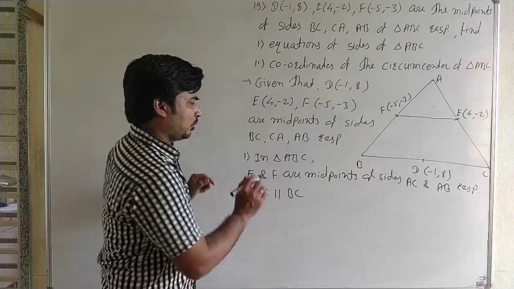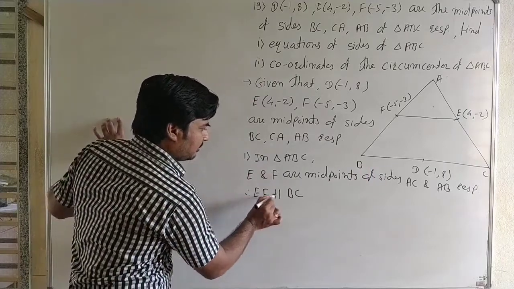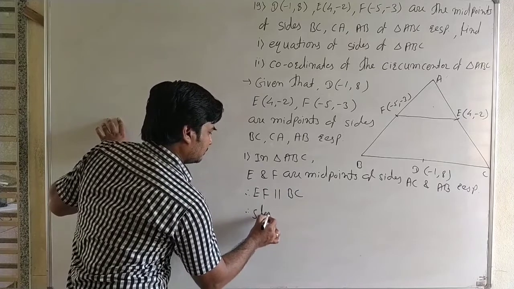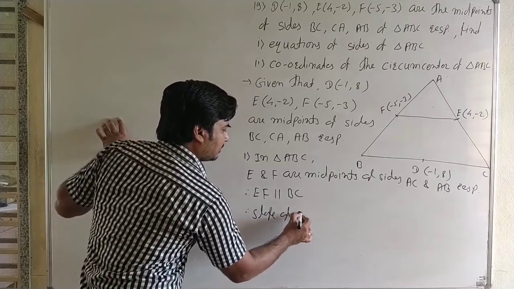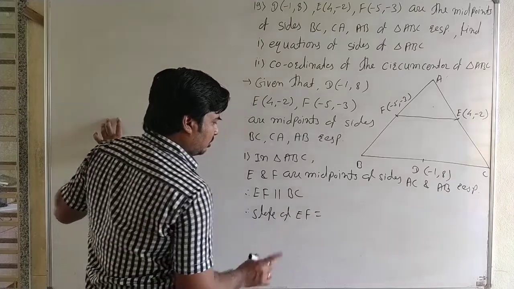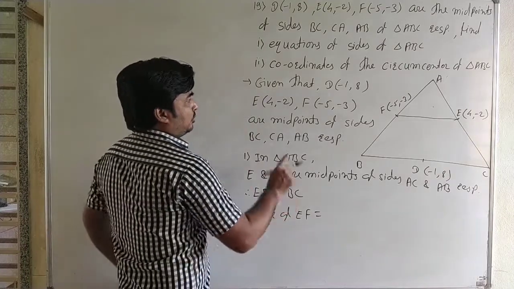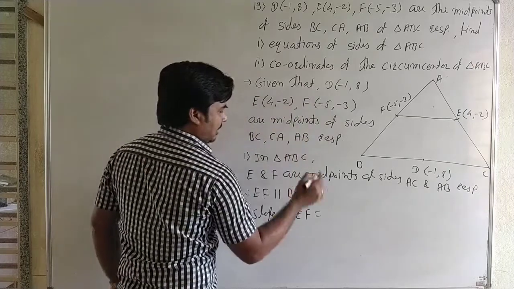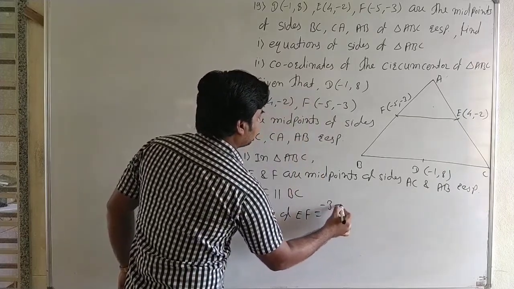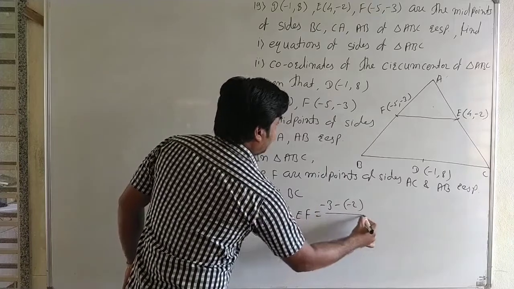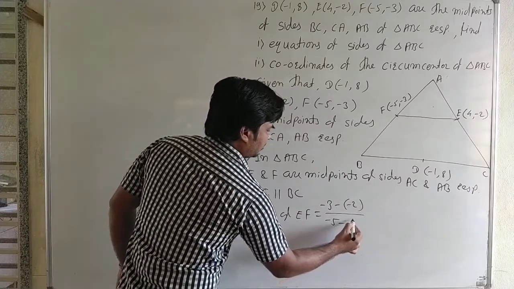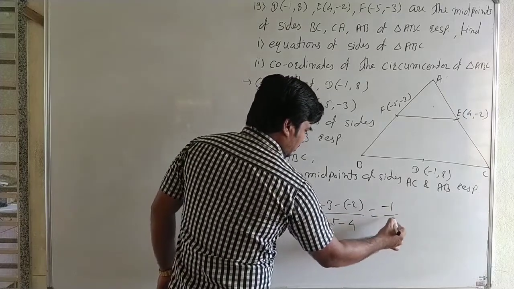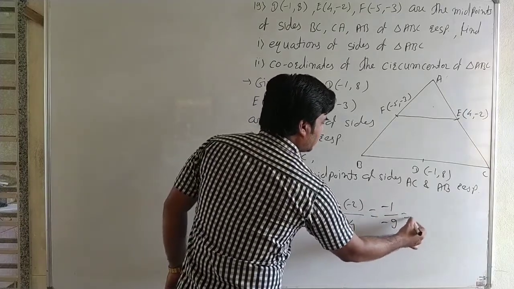Therefore, we first find the slope of EF. Slope of EF is y2 minus y1 upon x2 minus x1, that is minus 3 minus (minus 2) upon x2 minus x1, and that is equal to minus 1 upon minus 9, that is 1 by 9.